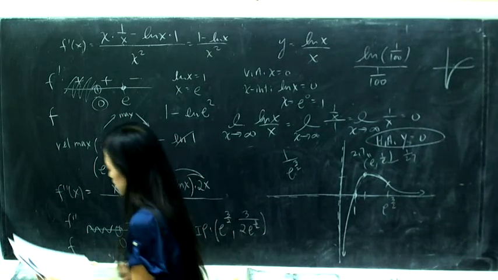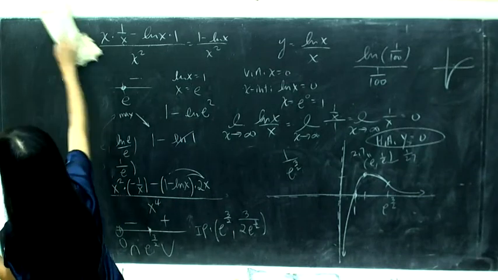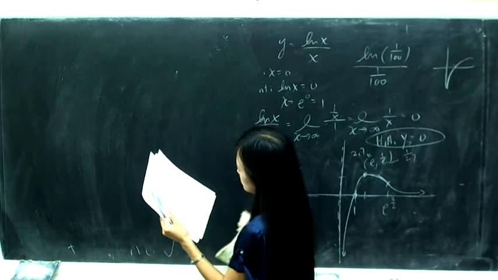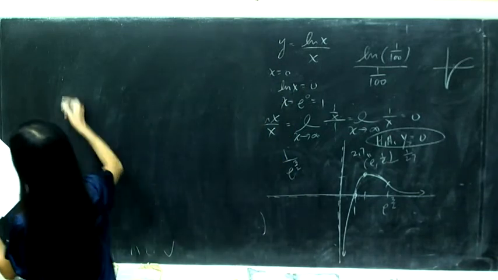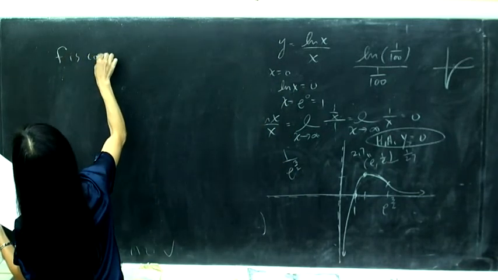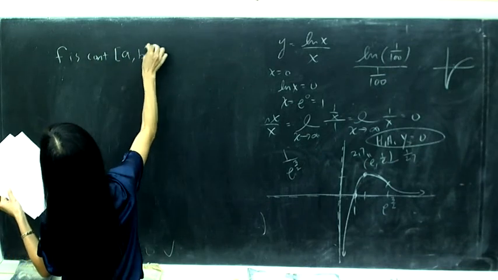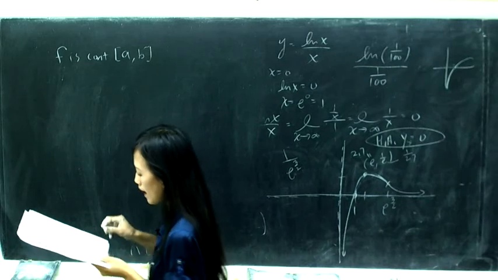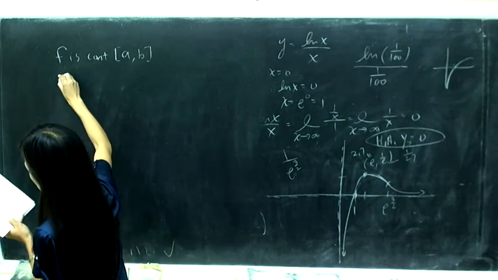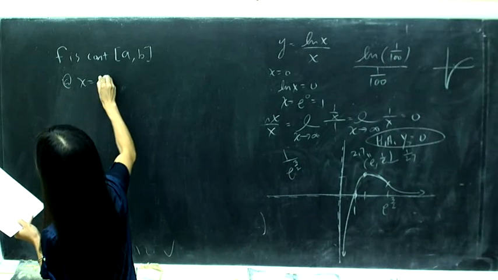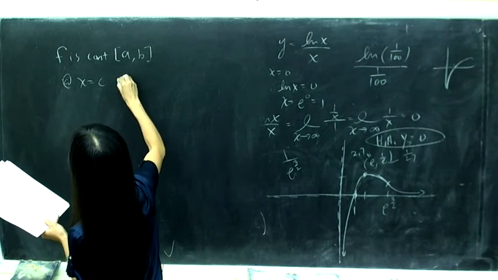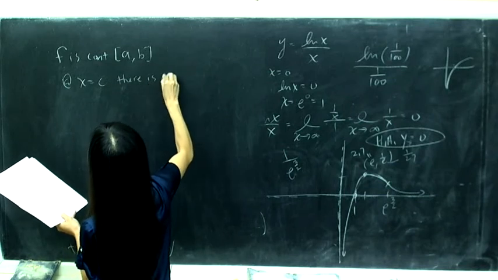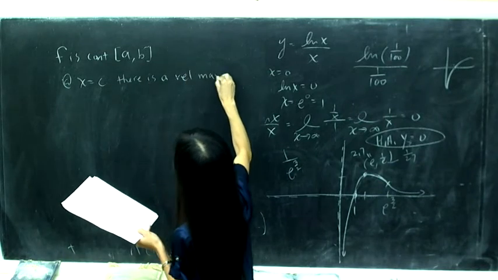Okay, let's do some with absolute value. Here's a conceptual question. If f is continuous on an interval from a to b, and at x equals c, let's say we have a relative maximum. Let's say this exists.